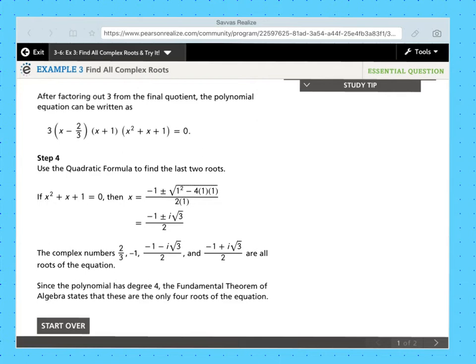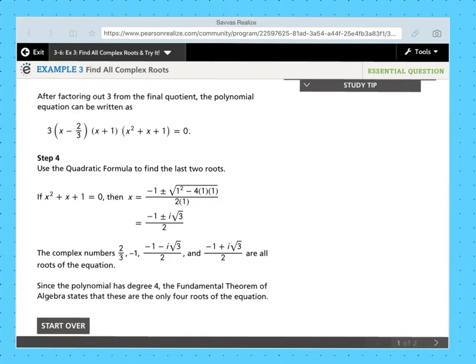Anyways, as it turned out, x squared plus x plus 1 obviously cannot be factored, so you have to use the quadratic formula to find the last 2 roots. And as it turned out, the last 2 roots are a conjugate pair of complex numbers. So again, use what you've just learned. The fundamental theorem of algebra states that because the highest degree of this polynomial is 4, we're expecting to have 4 solutions.